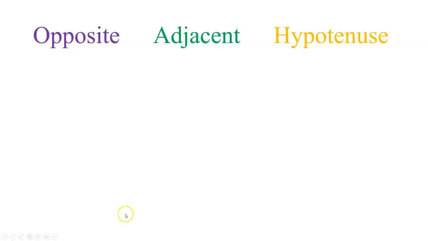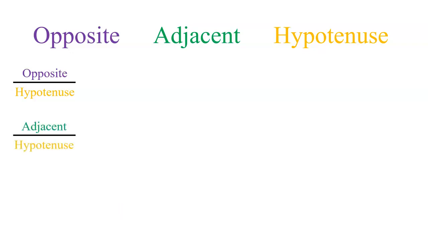And where the foundation of trig comes from is we take these three sides and begin to create ratios of two of the three sides. So if I took any two of these three, let's say the opposite compared to the hypotenuse, and I'm writing it in ratio form or as a fraction, I can take two different sides, perhaps adjacent compared to hypotenuse, and another is opposite to adjacent.